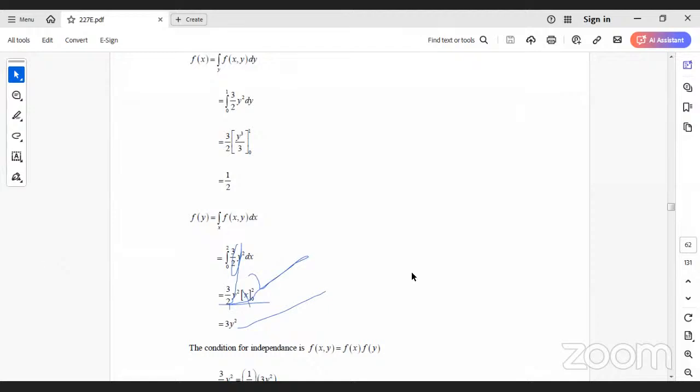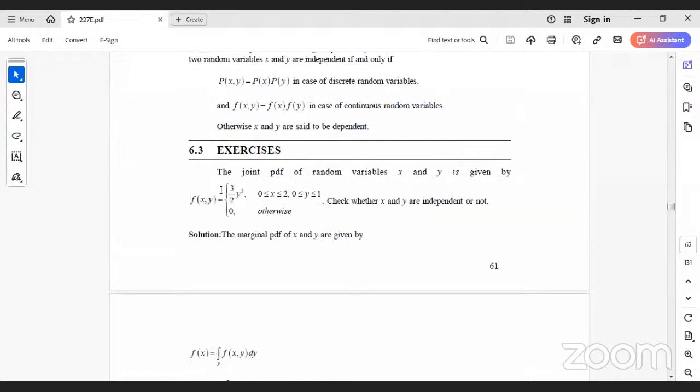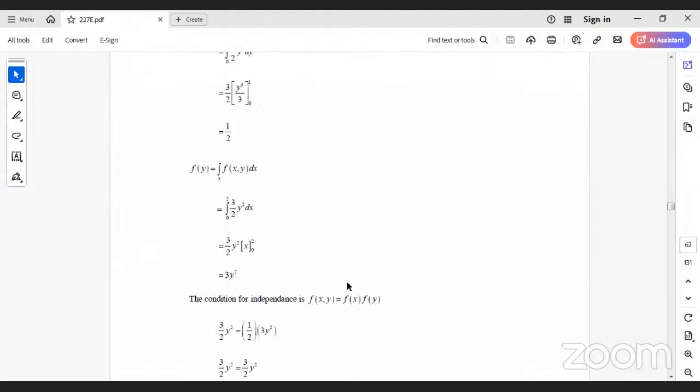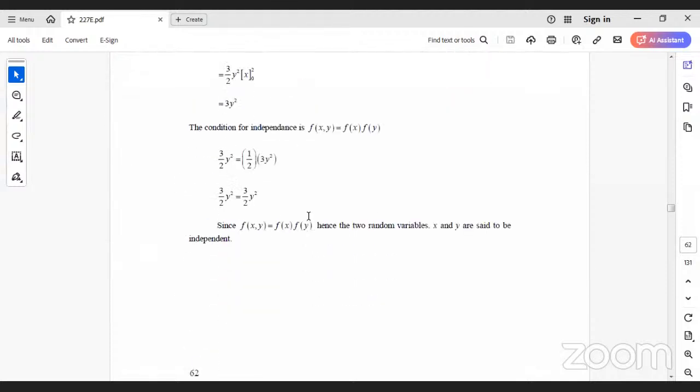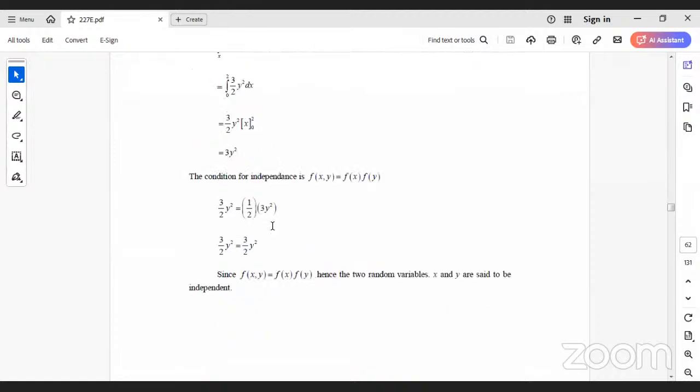So the condition of independence is f(x, y) = f(x) f(y). The given f(x, y) is (3/2) y². Now f(x) is 1/2 and f(y) is 3y², and multiplying them gives (3/2) y².